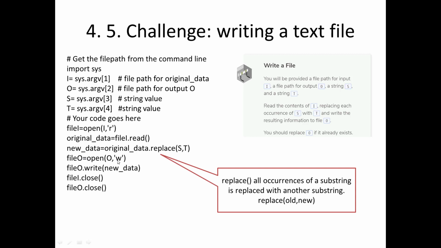So here we have O and W, and then we write the new data that we created here to the file. We close the input file and we close the output file, and that's the solution to 4.5, writing a text file.